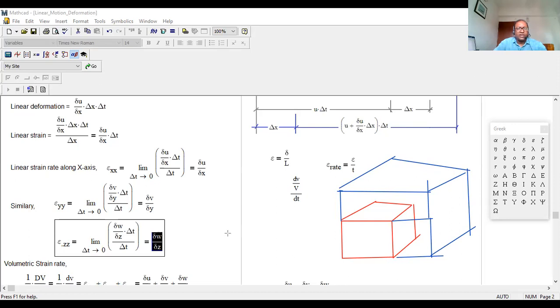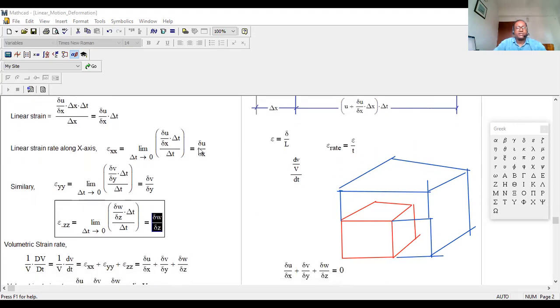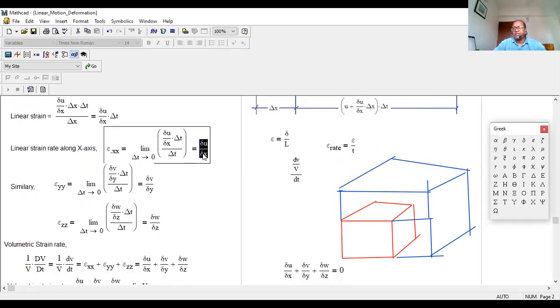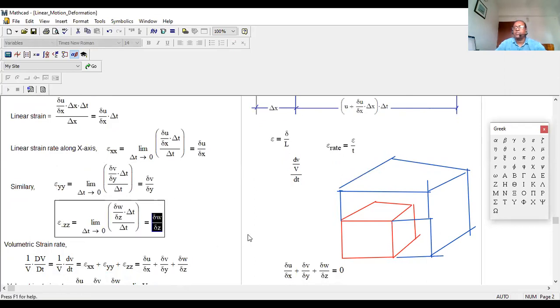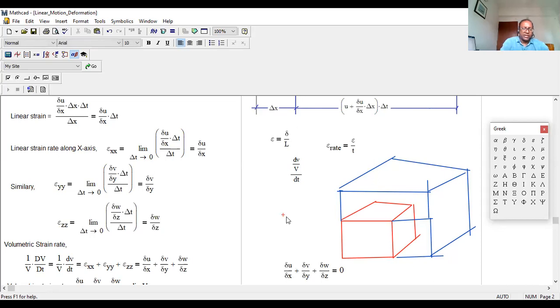So how can we figure out the volumetric strain? We know along the x-axis the strain rate is this much, along y this much, along z this much. If you take the summation of these three, then we can figure out the volumetric strain. Volumetric strain means change of volume dV divided by the original V, right?